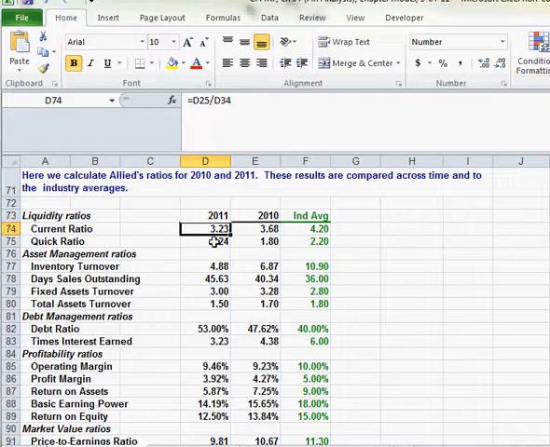As we look at the trend, we would say that currently in 2011, we have about $3.20 worth of cash coming in over the next year in our current assets for every $1 worth of current liabilities we're going to have to pay. If we compare that with the industry average of 4.20, it would say we either don't have enough current assets or we have too many current liabilities, but we are not where we need to be.